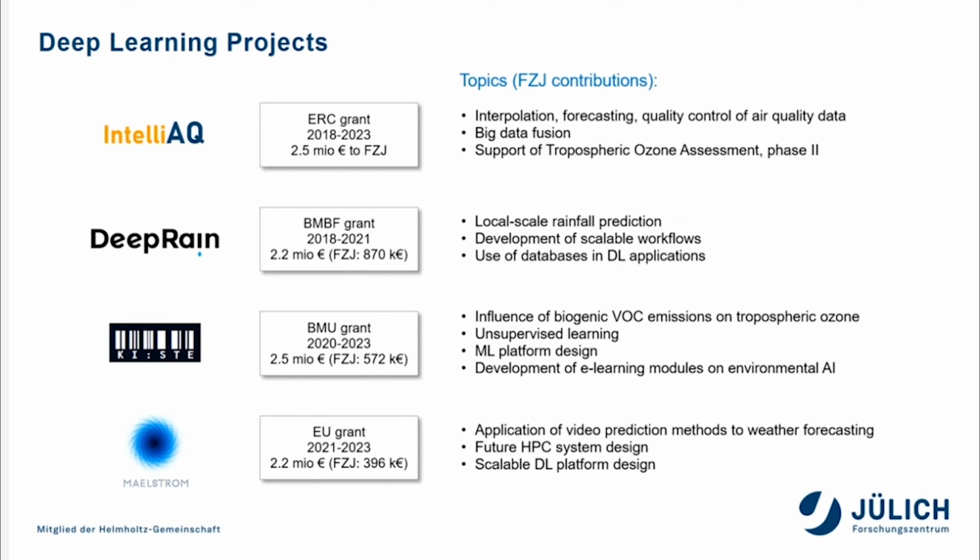So here, the keywords are application of video prediction methods to weather forecasting, the future HPC system design, and also a scalable deep learning platform design. And so you can see that many of these projects overlap in terms of these technical aspects, but also in terms of some of the machine learning applications that we're generating and developing.